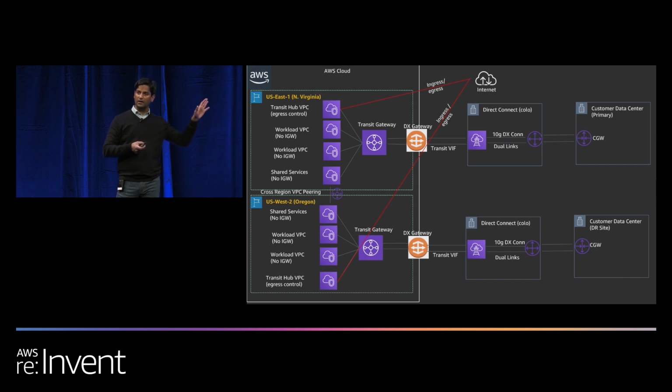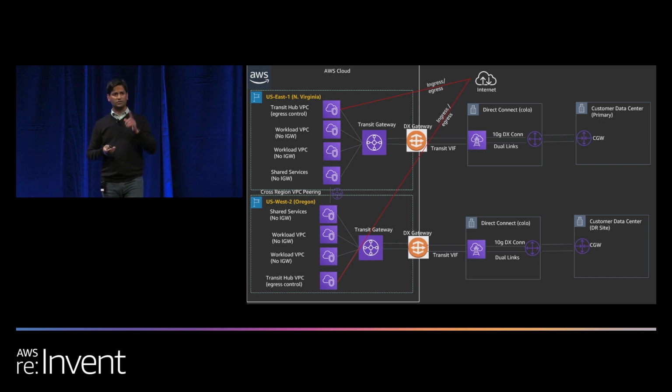This will give you much tighter control in terms of east-west traffic, which is VPC to VPC, and also the north-south traffic, which is VPC to back on-prem. And if you have any connectivity options like VMware on AWS, the VMC, you can have those VMware connections also terminate onto the transit gateway potentially.